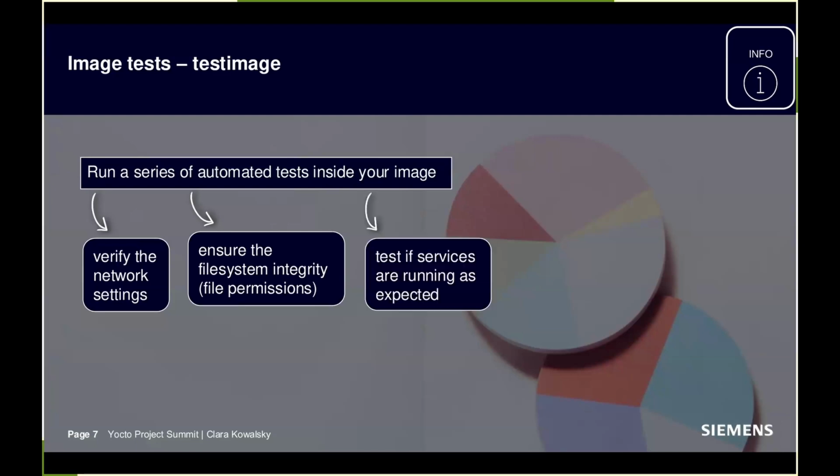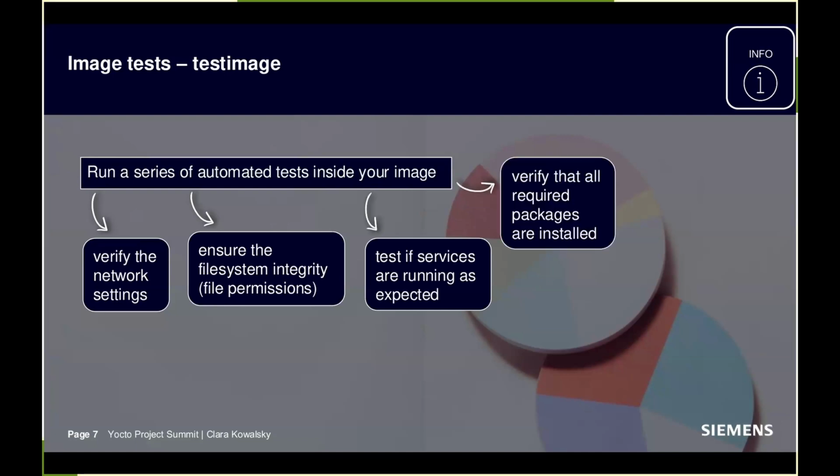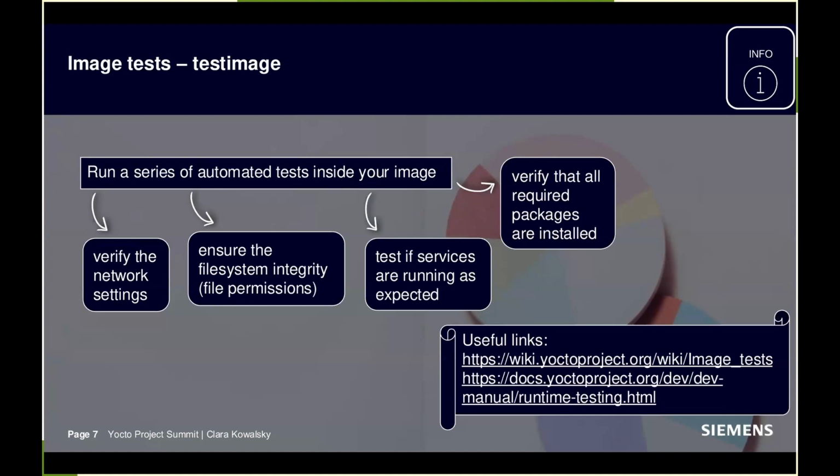You can see if your services are running or verify that all your packages are really installed. These are just a few examples of what you can do with Testimage. Here I also placed some links to the wiki and the dev manual, which you can check out.